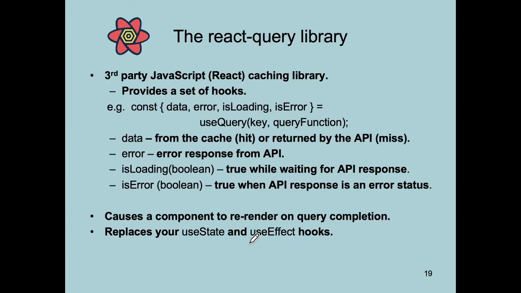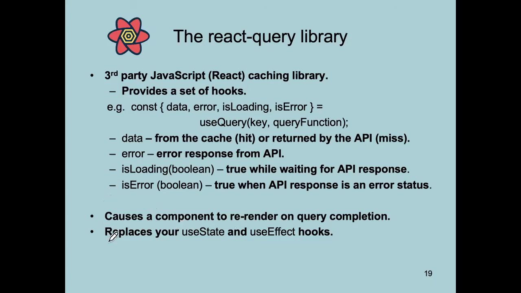Now, to bring this all back to React, there's a third-party library called the React Query library, and essentially what it implements is caching in the browser for us, specifically for React apps. So it's a third-party JavaScript library specifically for React, although there are implementations of this caching solution for other single-page app frameworks as well.